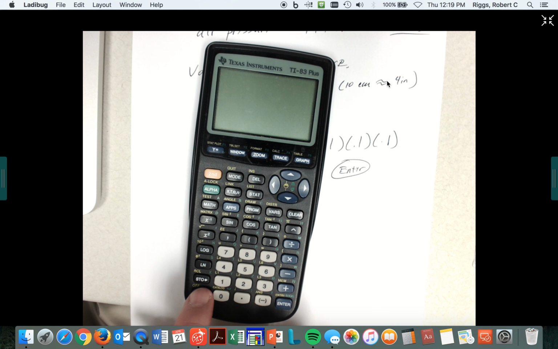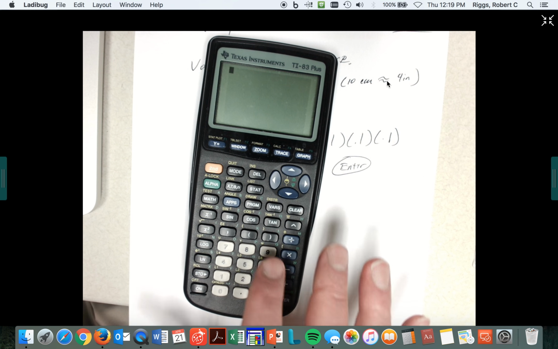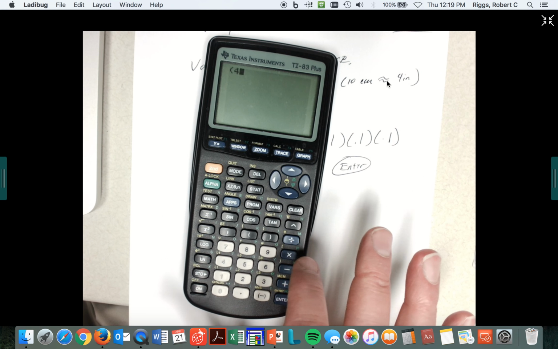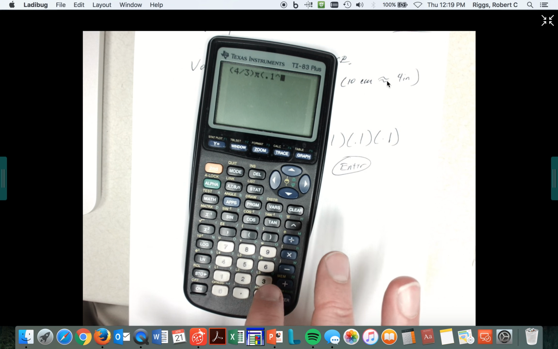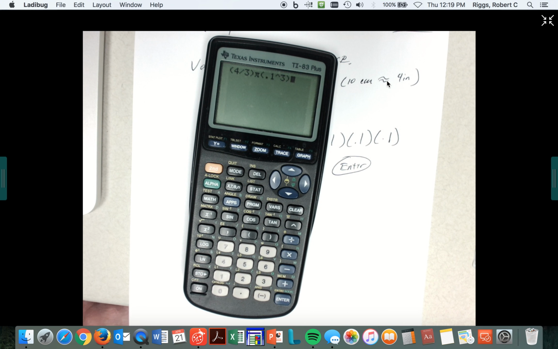See, my calculator would do it just fine, because I'd go, okay, well, 4 divided by 3. Show off. 4 divided by, and then I'd go second pi, and then I'd hit 0.1 to the third power. That's the way I'd do it. Bang. That's what I get. Now, let's see if yours would work the same way if you do it the way I said here.